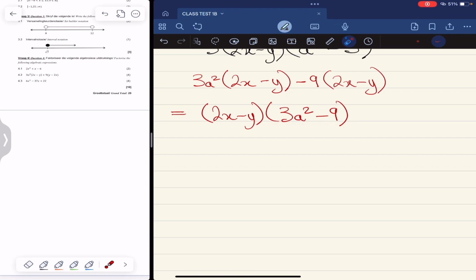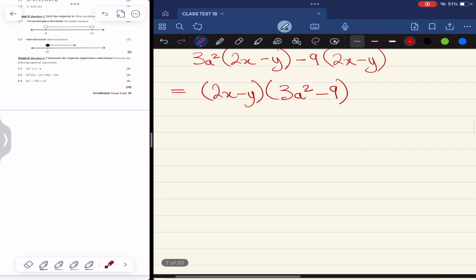And if you remember what I've said in class, if you've taken out the highest common factor after factorizing, you should not be able to take out a highest common factor again. Okay, but let's say you noticed that, you know what, I can still take out a 3 here. Then you should have gone on and you would have ended up with the same thing.